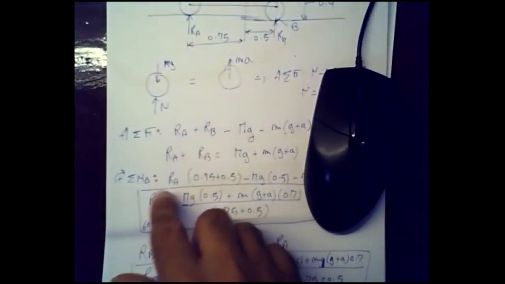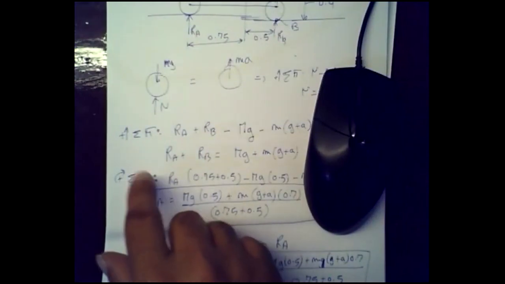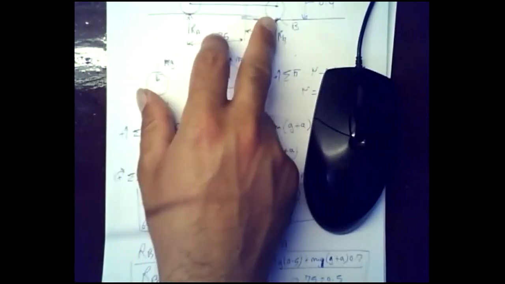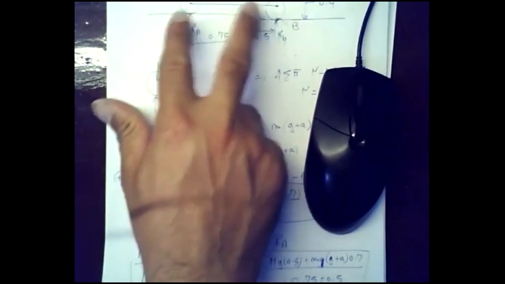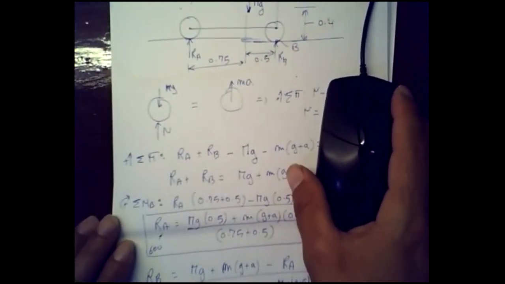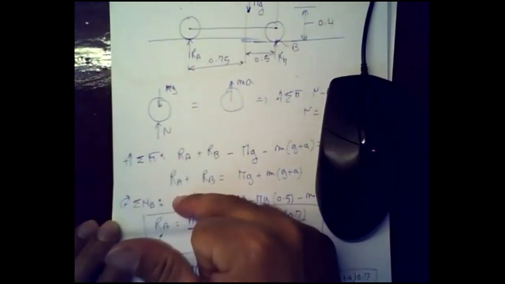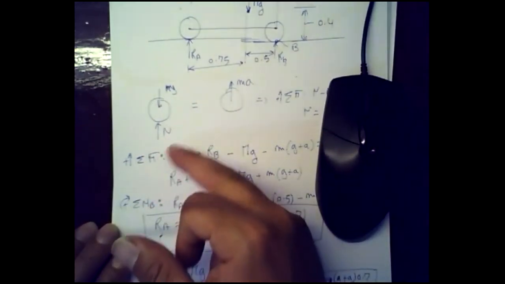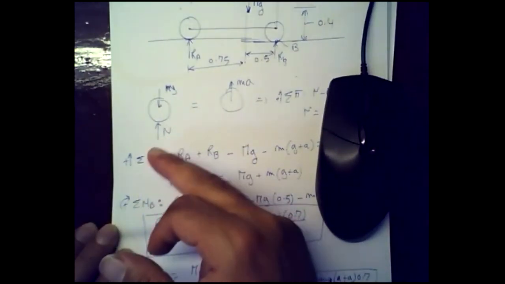This primarily works in static problems, where you can use summation of the moments about two different points as separate equations, because this whole thing is now turning out as a static problem. Most of the time, you need to do one forces and one moments equation, because these will give you independent equations that you can use to solve the unknowns contained in these two equations.